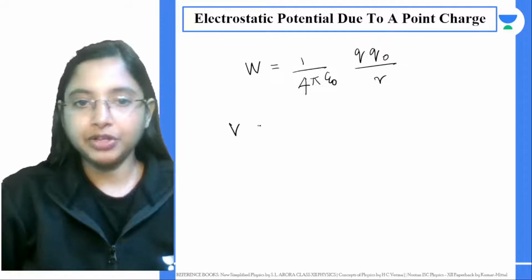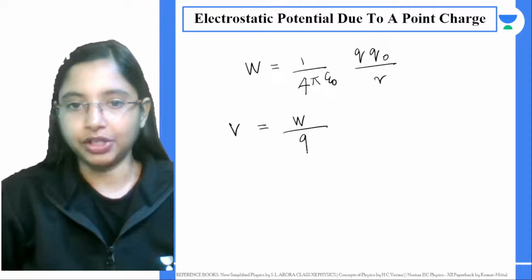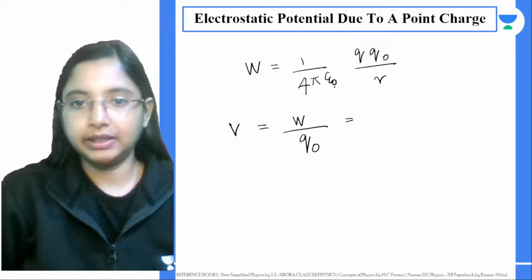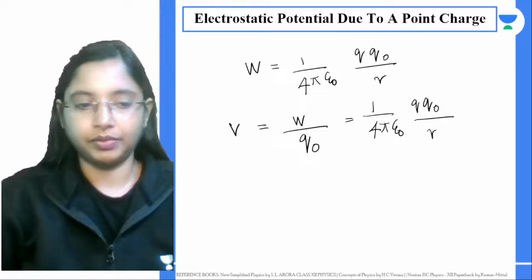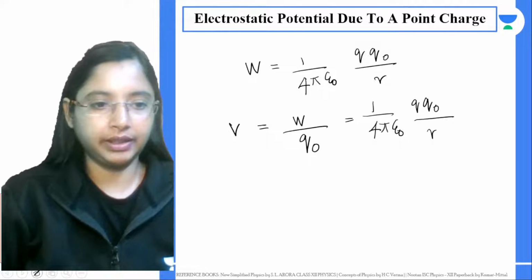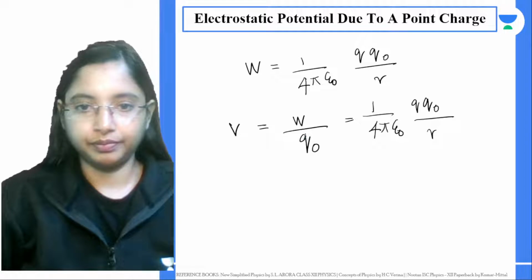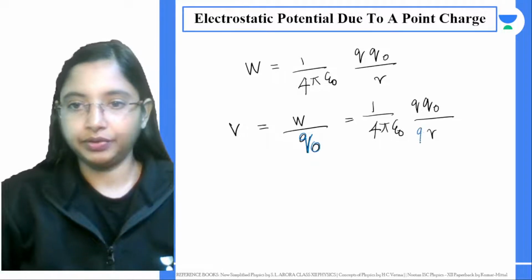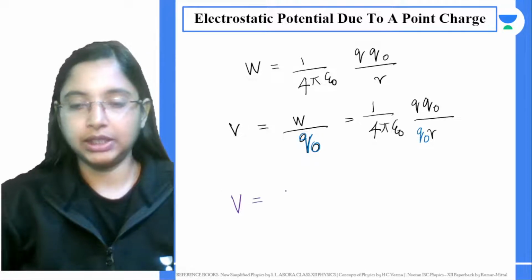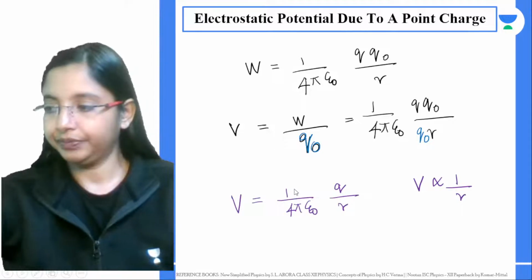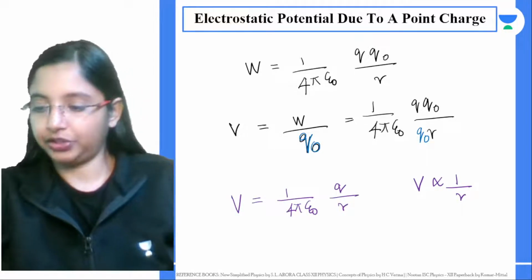Now electric potential is work done per charge, so you divide this entire equation by q naught. The q naught gets cancelled, and finally you have the electric potential due to a point charge.